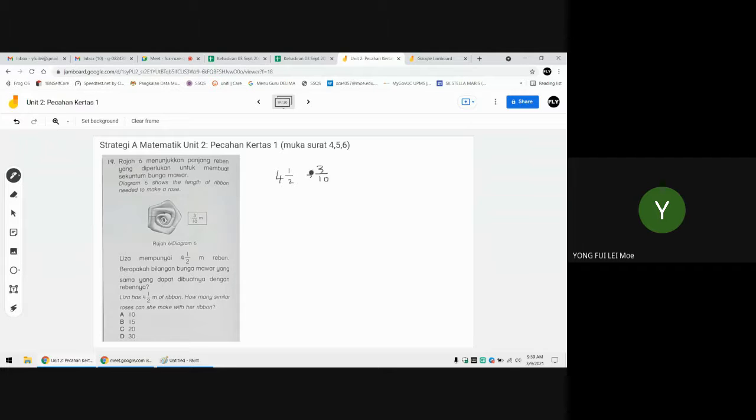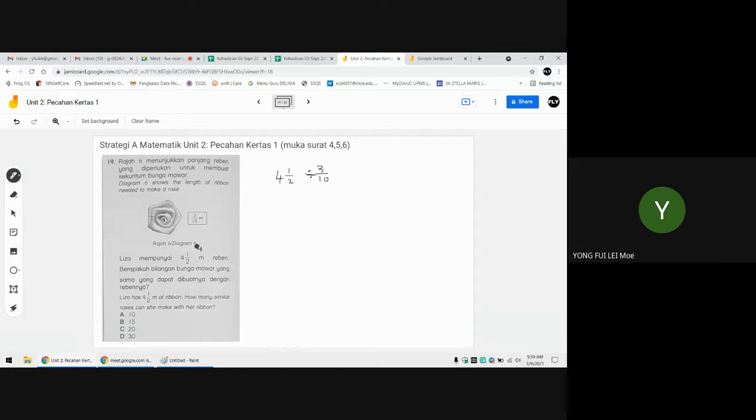They mentioned that you can change, okay, this is another technique for you guys. How do I know that this is divided by 3 over 10? If I change this to whole number, for example, saya ada 4 meter ribbon. Contoh lah, 4 meter ribbon.